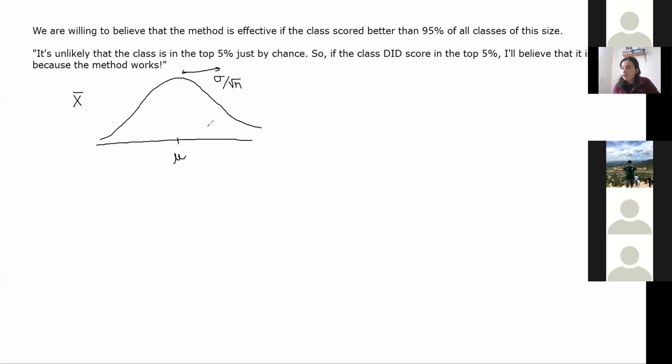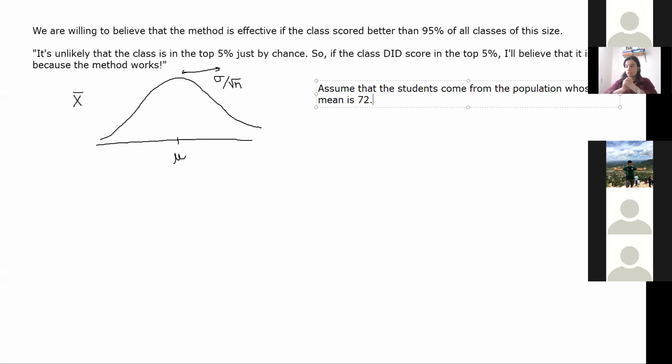Okay, so here's the thing. The whole point over here is that I'm going to assume that nothing is actually different. So I'm going to assume that the students come from the same population, from the population whose mean is 72, so that means they're not any different from other students that took this exam.